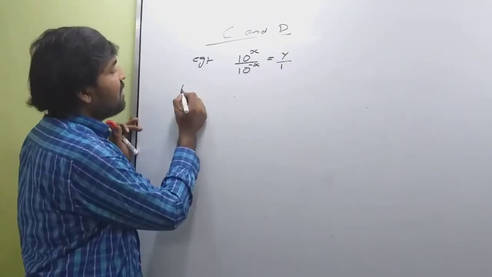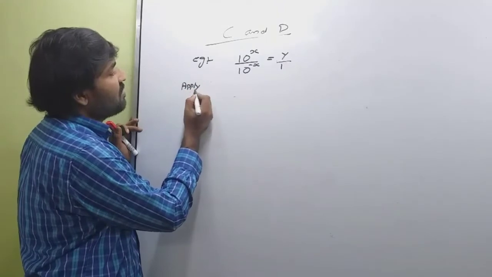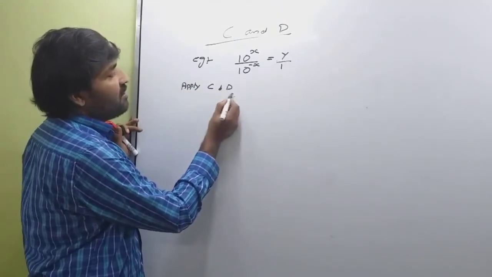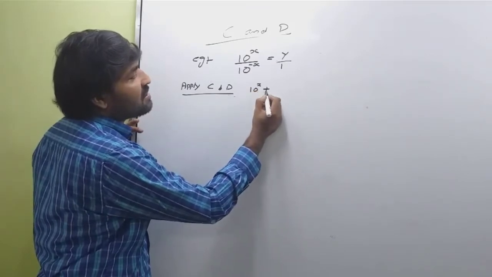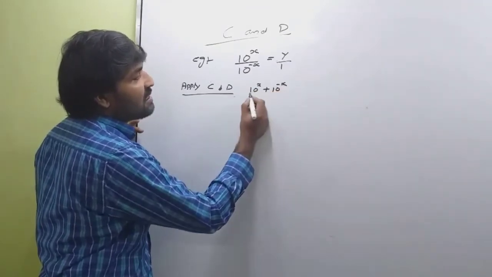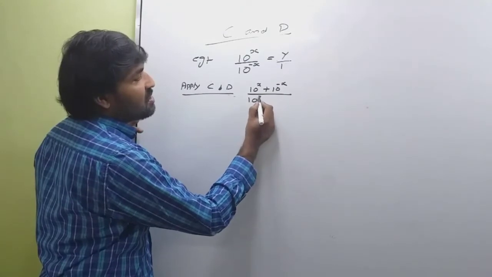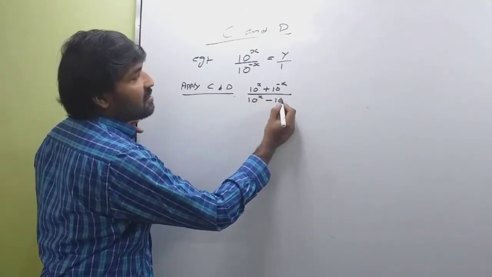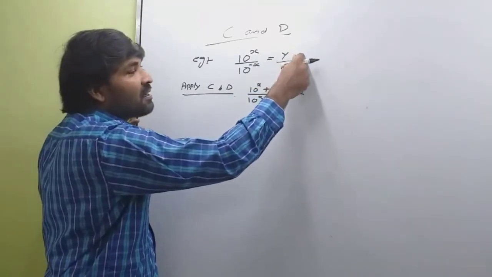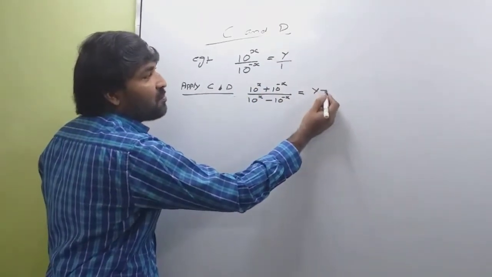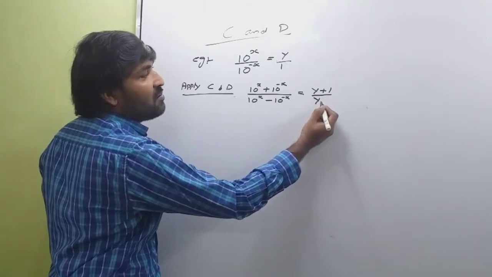Now apply componendo and dividendo. We get 10 raised to x plus 10 raised to minus x divided by 10 raised to x minus 10 raised to minus x. We have to apply it on the RHS also, that is y plus 1 divided by y minus 1.